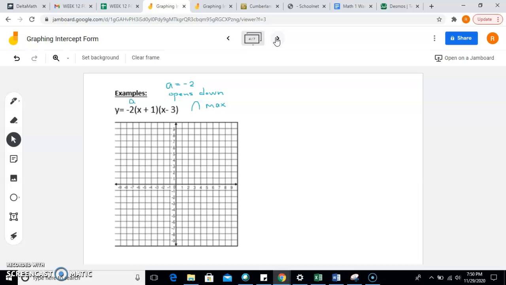So first I'm going to find my x-intercepts. And to find my x-intercepts, I am just taking this part in the parentheses and we're setting those each equal to 0. We're finding the roots.